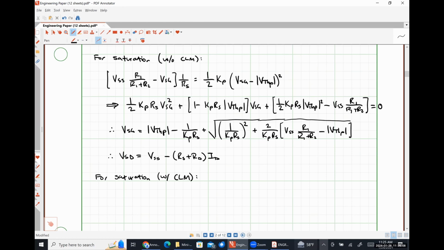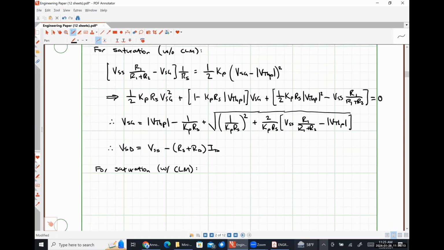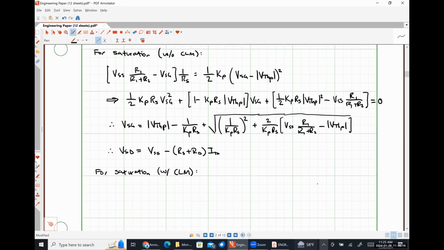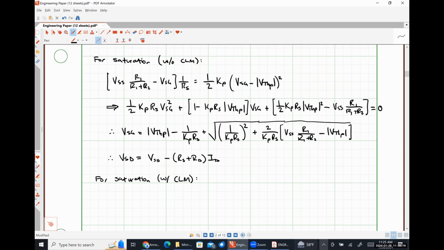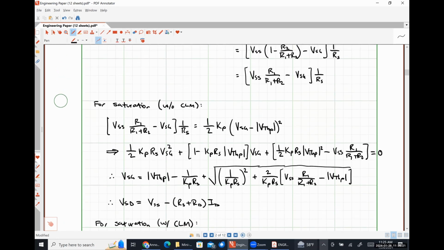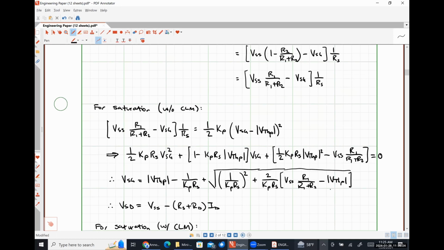So for saturation with channel length modulation effects included, we're effectively just going to use this relationship right here, but tack on a 1 plus lambda VSD, and that takes care of one relationship. And then our source drain relationship is going to be something similar.